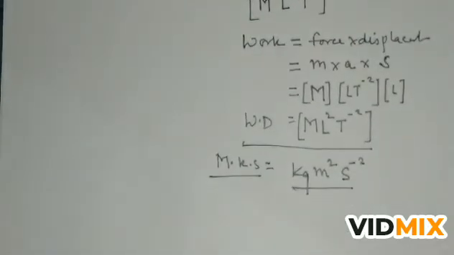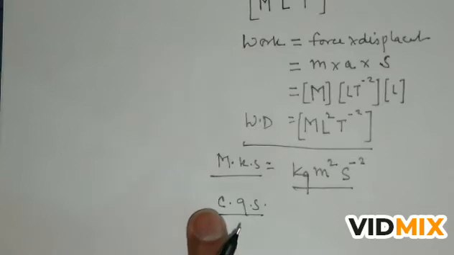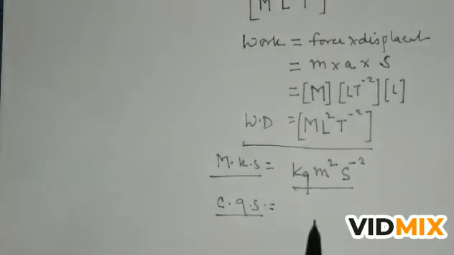If it is asked to find the unit of work done in the CGS system, CGS means C for centimeter, G for gram and S for second. So mass in the CGS system is taken as gram, so you can write gram. Meter can be taken as centimeter, squared, and second is the same second, so this will be the unit of work done in the CGS system.